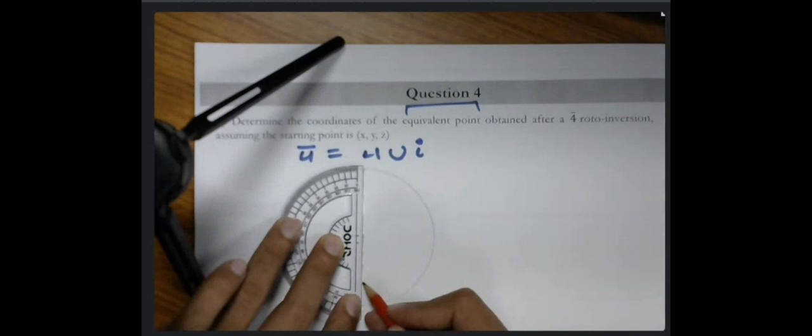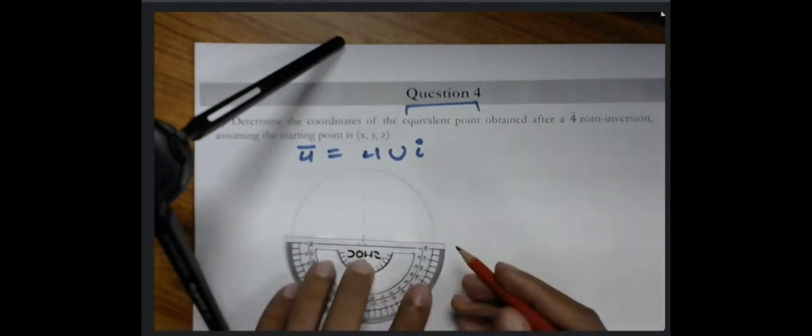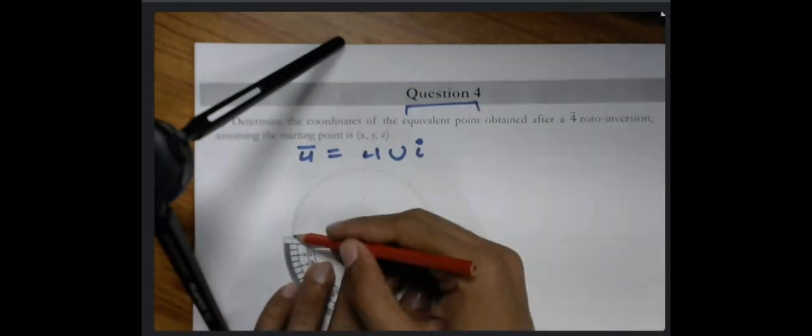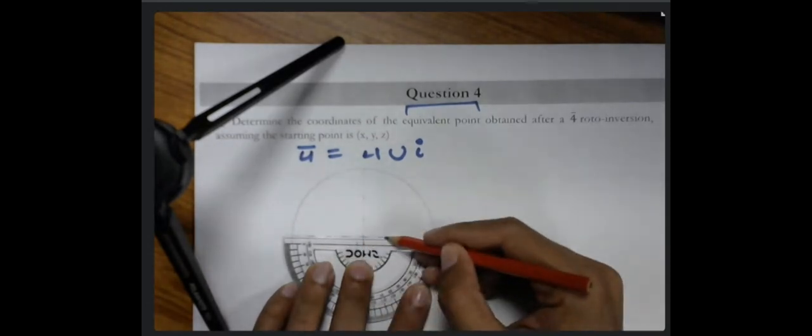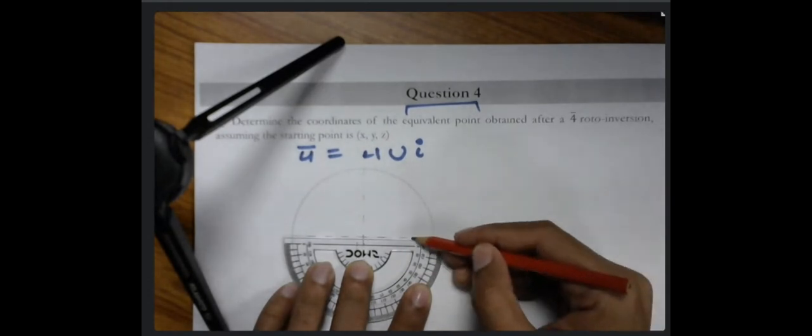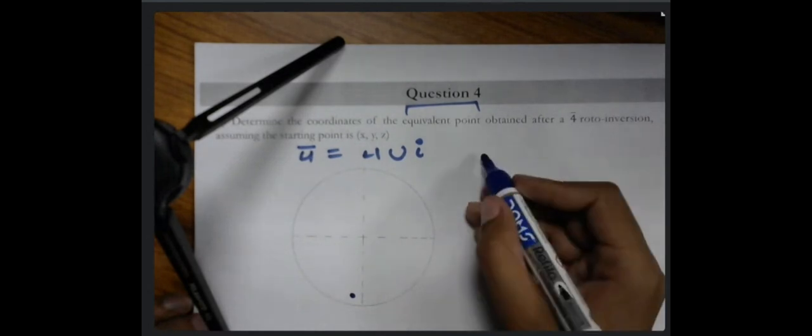This is 90 degrees, so I will cut it in the vertical manner, vertical and horizontal. Let's say this is our starting point. Again, we'll go by the counterclockwise. I define some one thing and I'm just sticking to it.